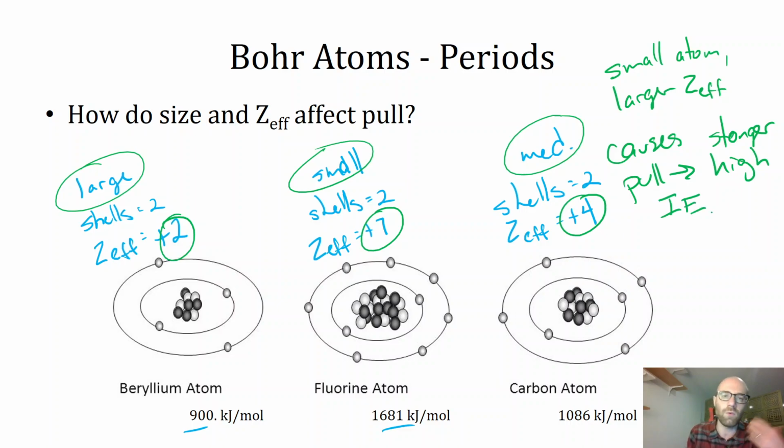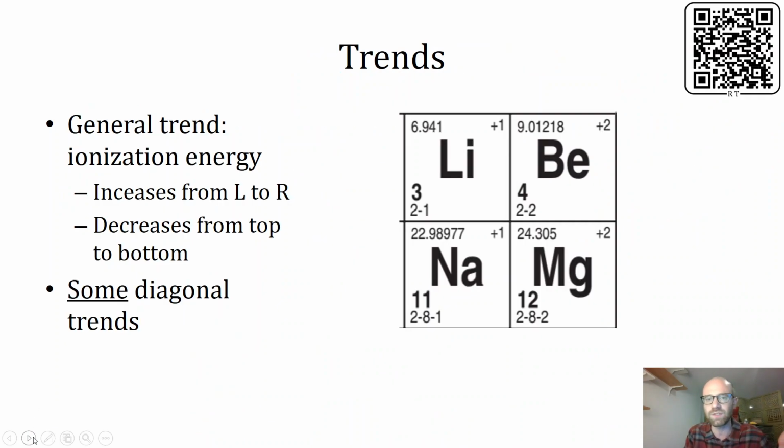So if you wanted to look at it this way, you would predict, based on this ionization energy, that beryllium would be more reactive potentially than carbon when it comes to removing electrons. So that's also a good idea to keep in mind to tie it back to what we were seeing before.